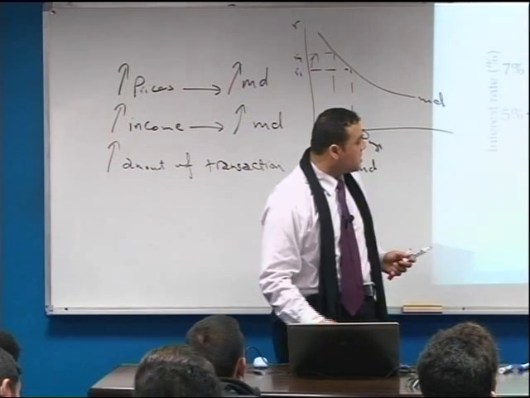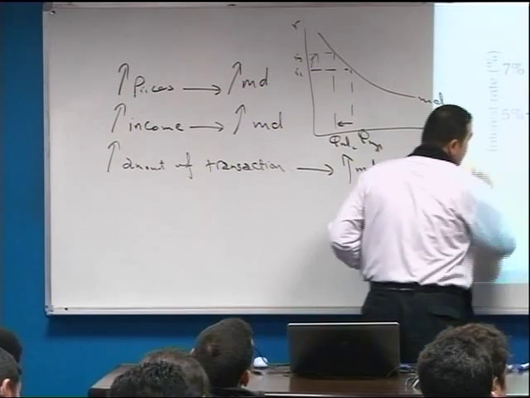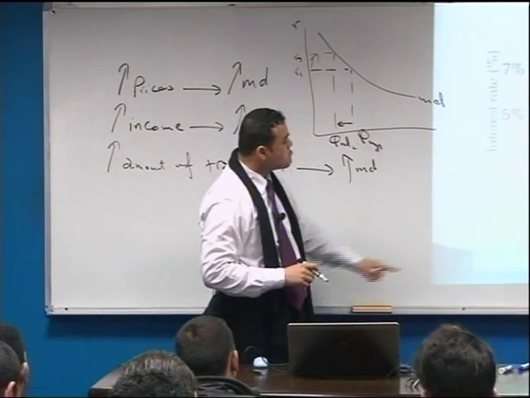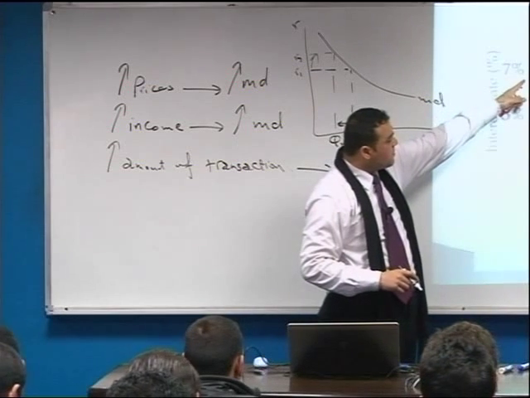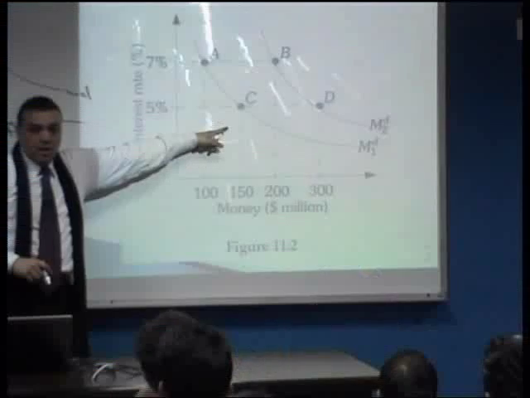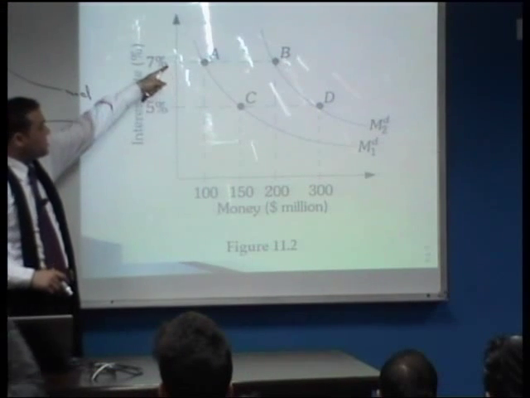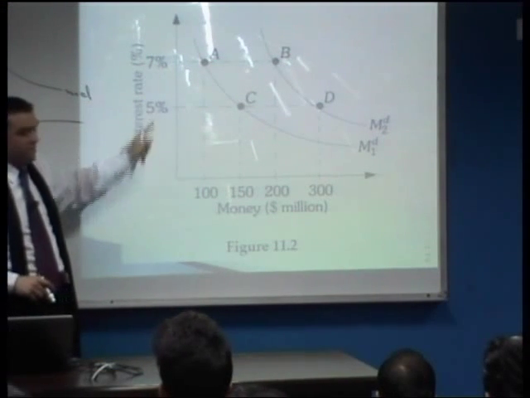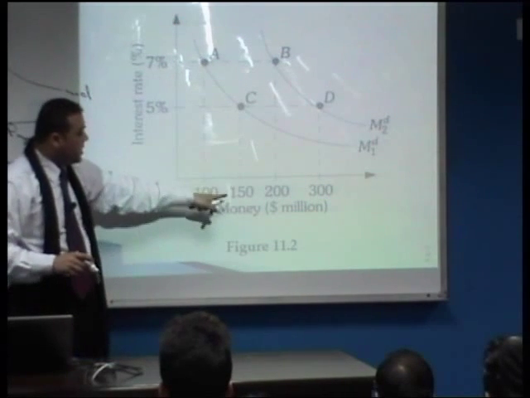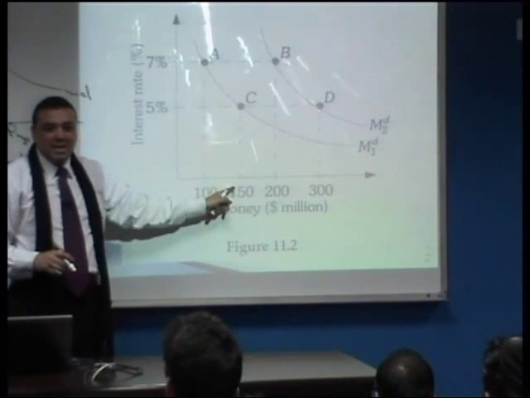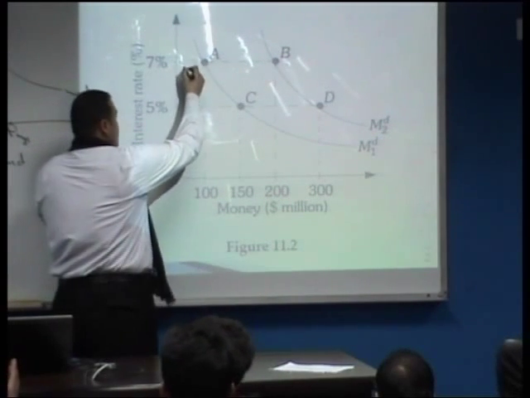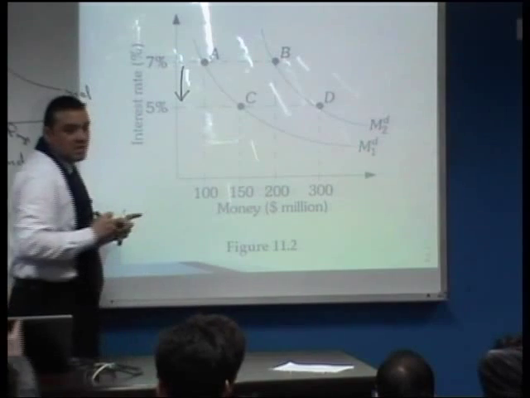Okay, let's go to this example. The shifting from A to C, or the decrease in the interest rate from 7 to 5%. Exactly. There is a decrease in the interest rate, and what happened to the quantity of money demanded? Increased or decreased?